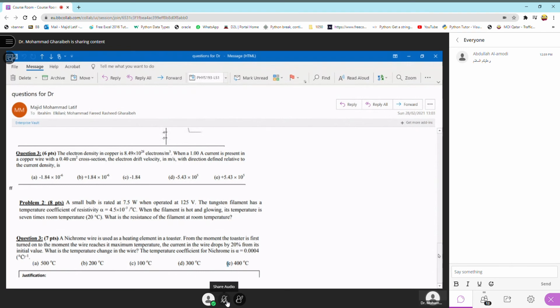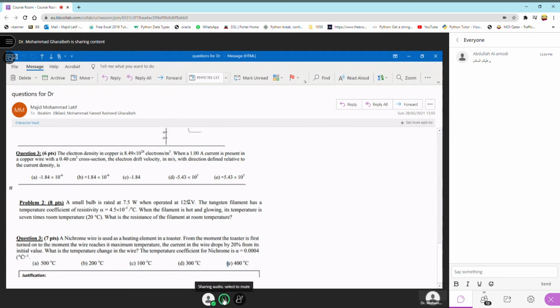How can you find the resistance? The rating is 7.5 watt and 120 volt while it is glowing, so it's in operation.